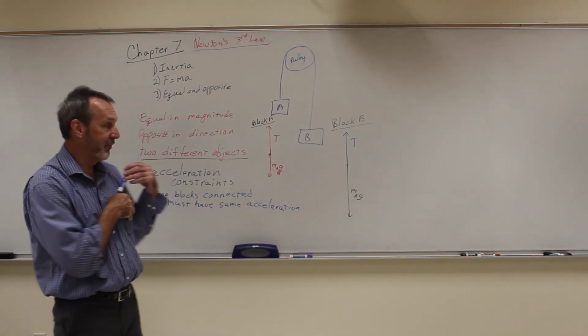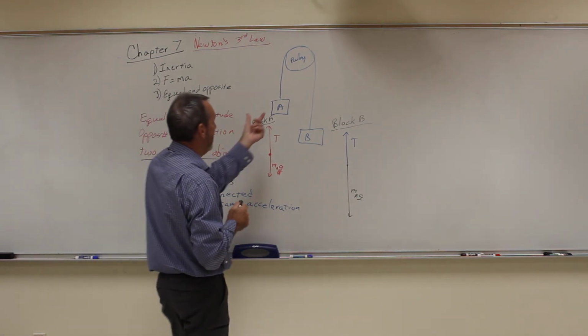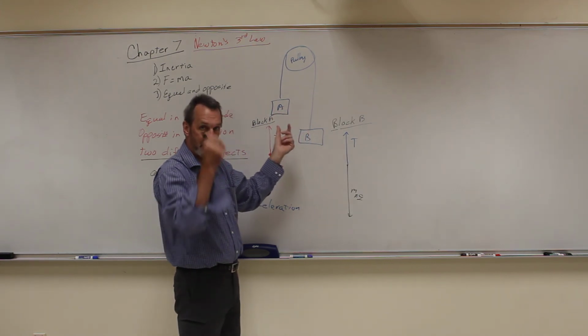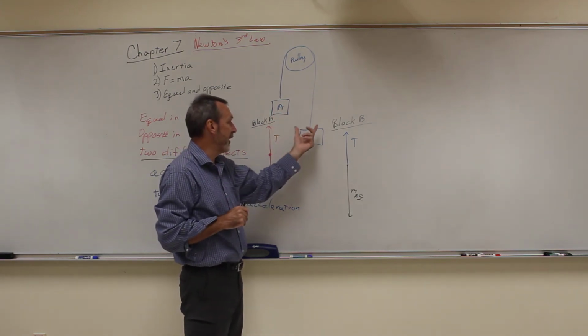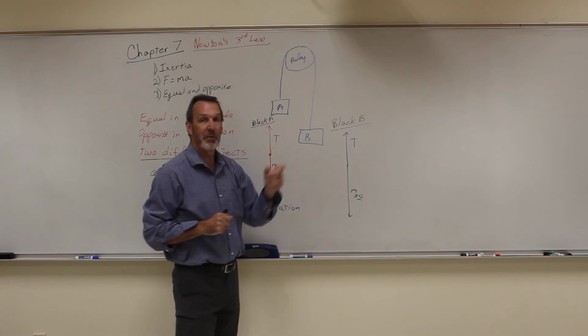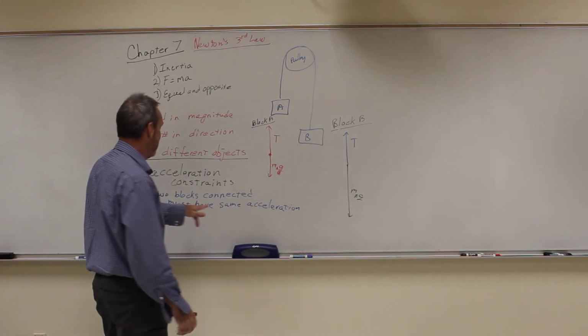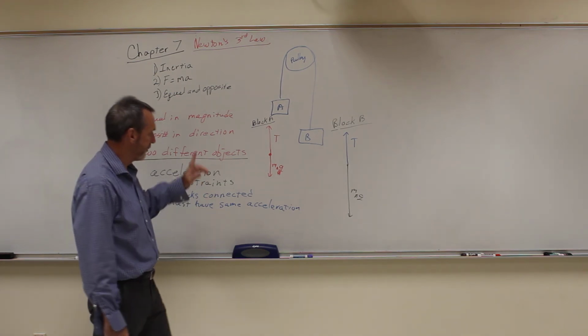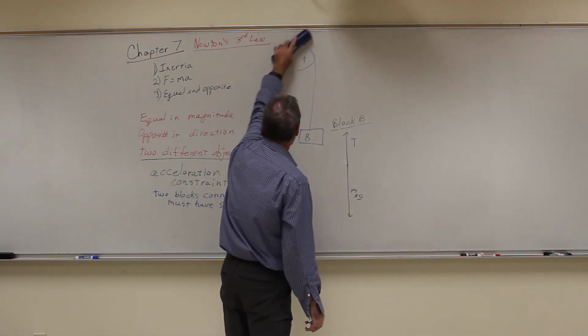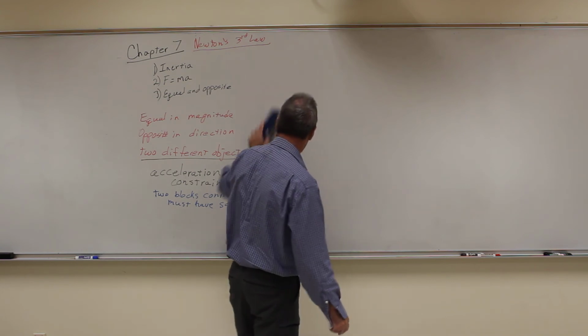All right, that's pretty much just saying that because they're connected together, they have the same acceleration, because whatever I do to this one, it's got to make that one do exactly the same thing, or vice versa. So the two blocks connected must have the same acceleration. But that changes things. So let's look at this.